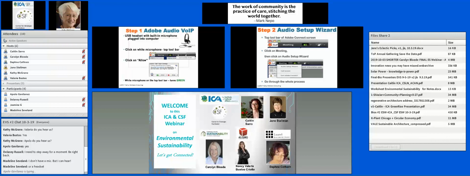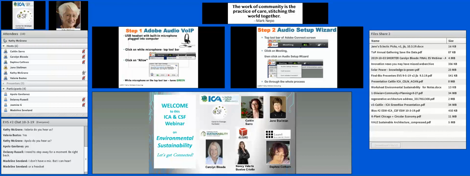And Jane, if you'd like me to explain the file share pod, I'd be glad to. It's up to you. Please go ahead, Kathy. Okay. So you see in the right-hand corner here, I'm moving the pod up a bit. It says File Shares 2 at the very top. And then it says Name and Size. The name of the file, you choose which one you want, and then click on it.